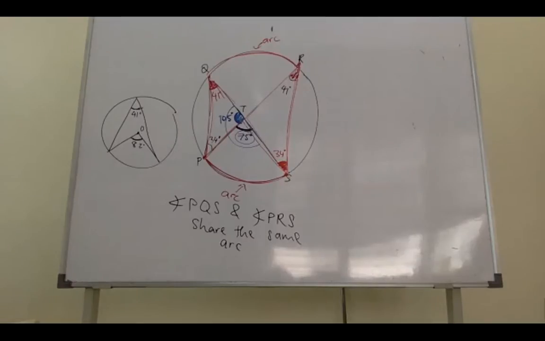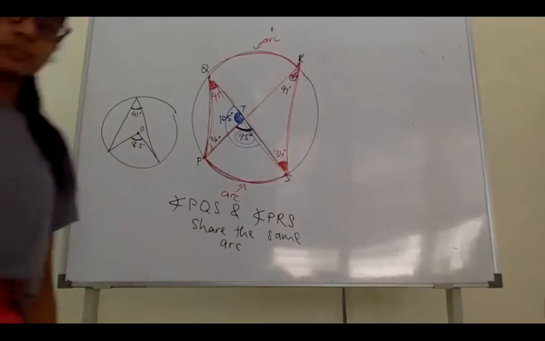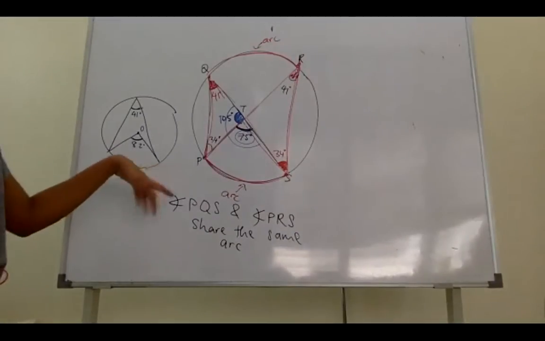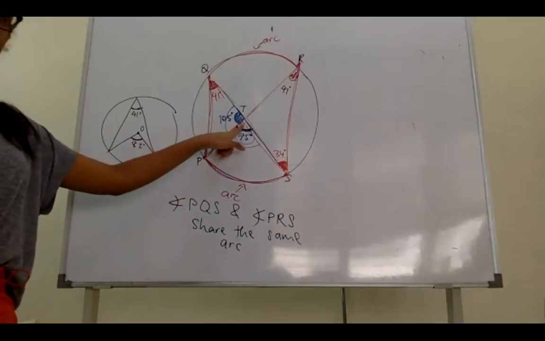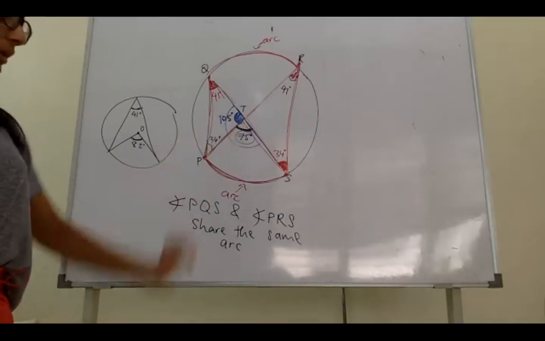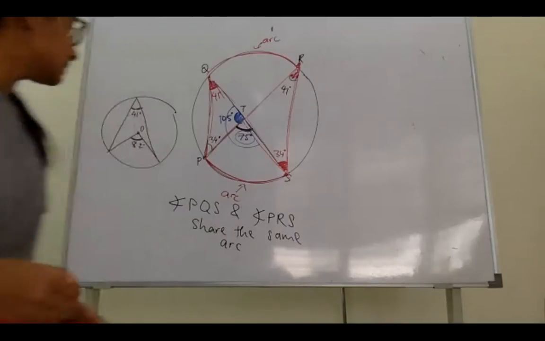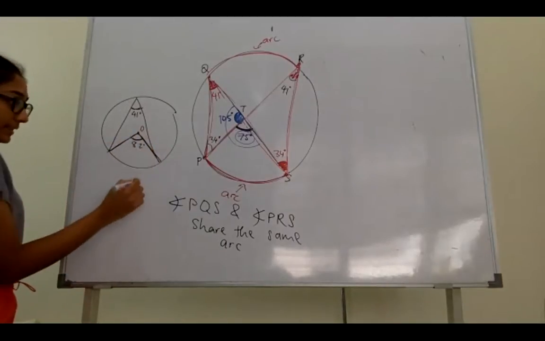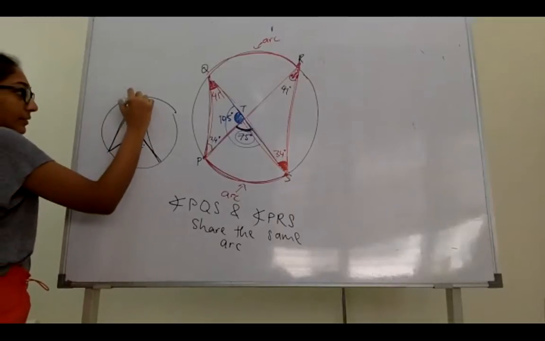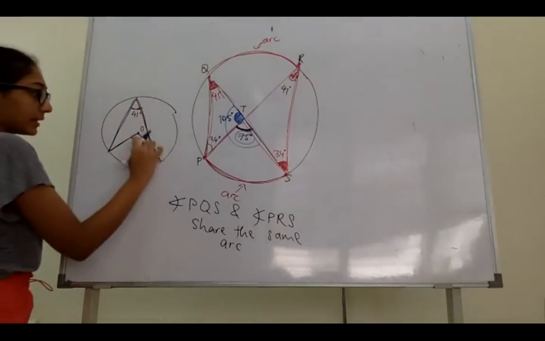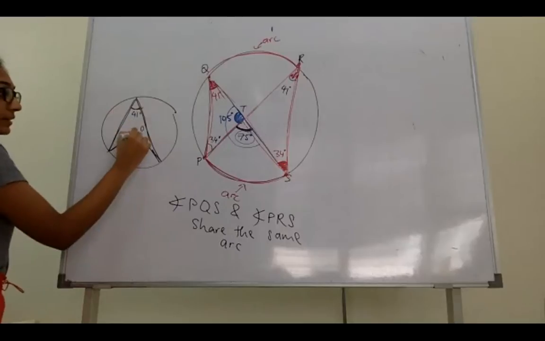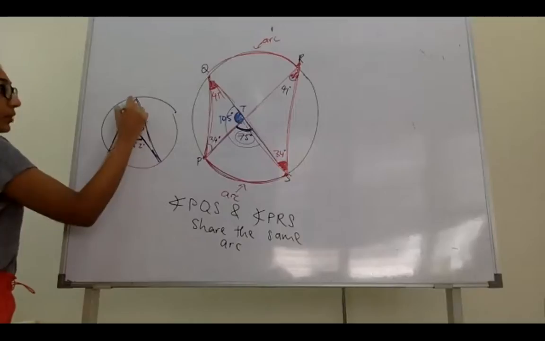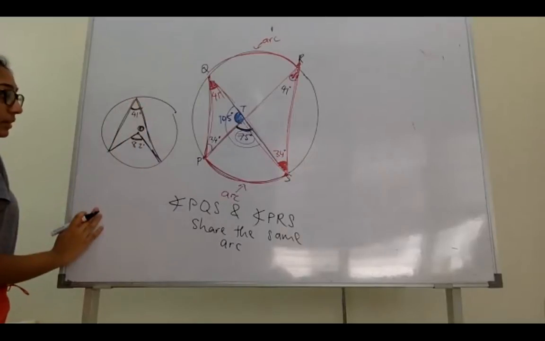So what is the correct explanation for B II? Okay, so why is this not the center? Because the rule says that if I have an angle at the center and another angle here, if this is the center, then this has to be double this.